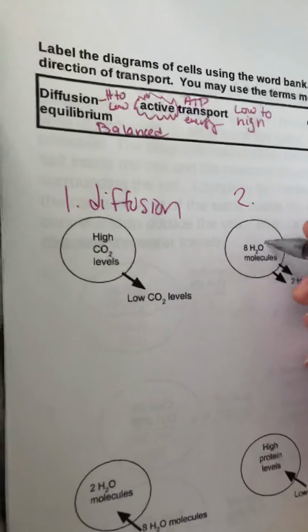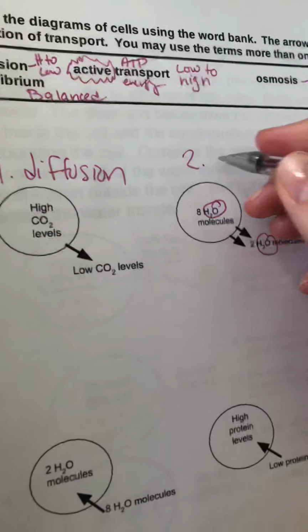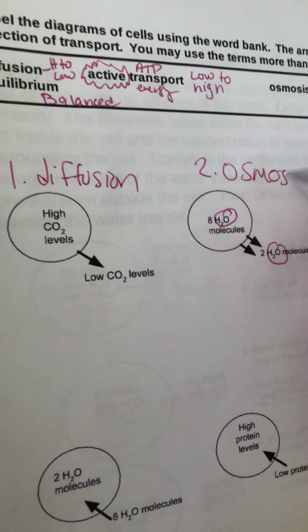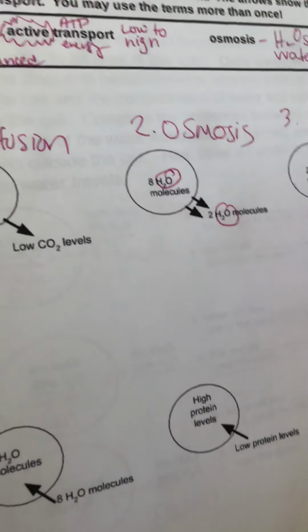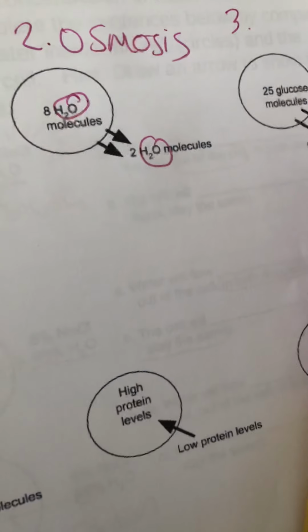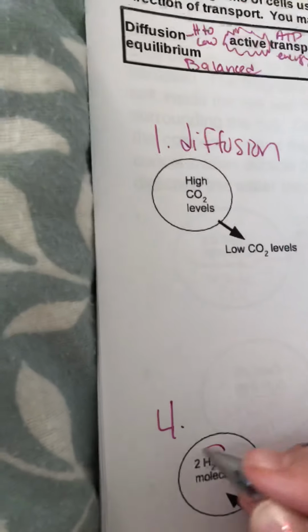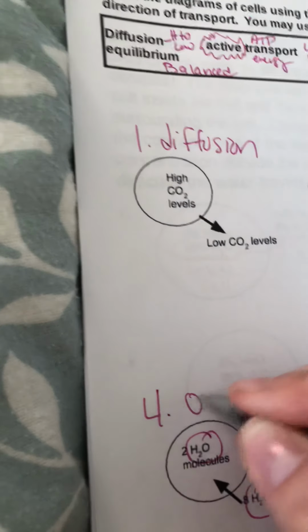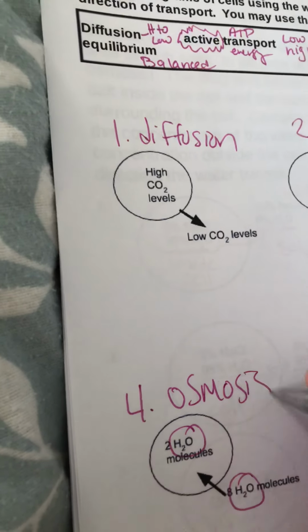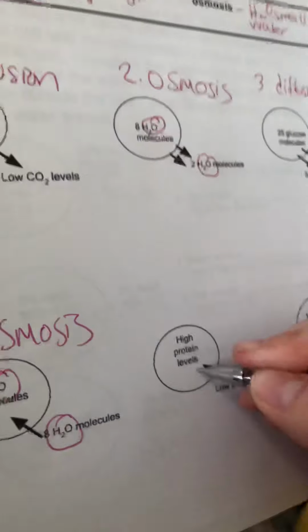Number 2, oh, I see H2O, osmosis is the answer. Number 3, 25 to 5, that's going to be moving high to low, diffusion. Number 4, H2O, osmosis. Number 5, low to high.